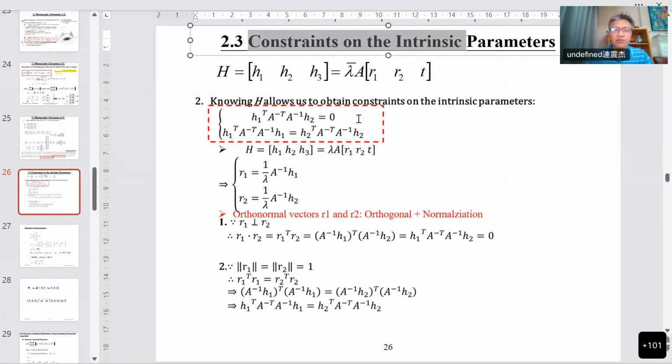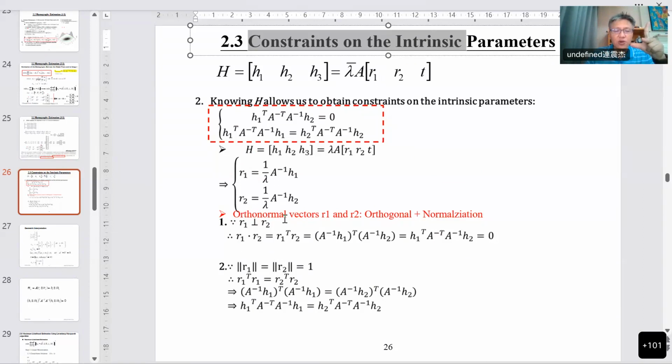The second one is that in 3D we find one important piece of information, because the rotation, one is rotation X, the other is rotation Y. Both axes should be orthogonal, 垂直，互相垂直90度。所以 R1 and R2 should be orthogonal.